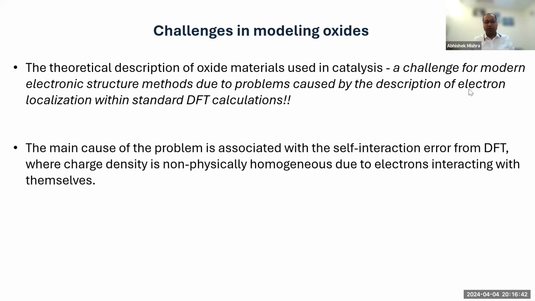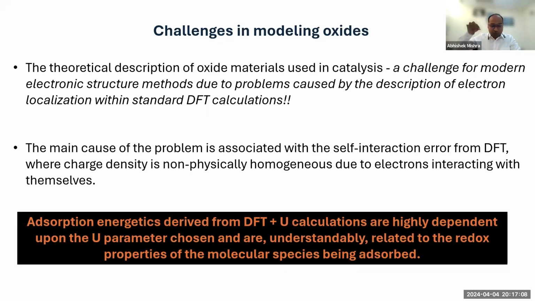When you try to write the Hamiltonian, you include the electron as well, and you have an extra energy because of the interaction of the electron we are talking about with the other electron gas that we consider in our model. That is the main issue when you deal with systems where you have more free electrons, which we require for catalytic applications to make any kind of reaction on the surface.